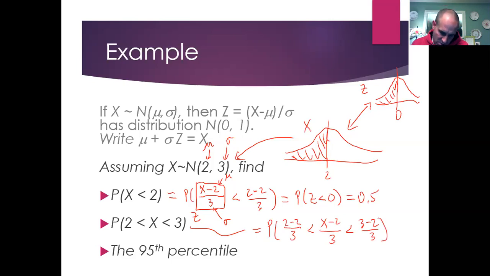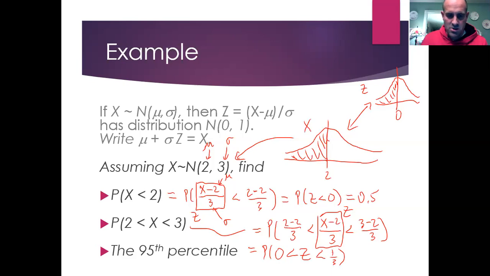So that's the probability that 0 is less than z, because that's z, and this is less than 3 minus 2 over 3, which is 1/3. So we want to compute that. We'll go and actually do this in Excel. I could use tables, but let's go ahead and do this in Excel. So back in a minute.